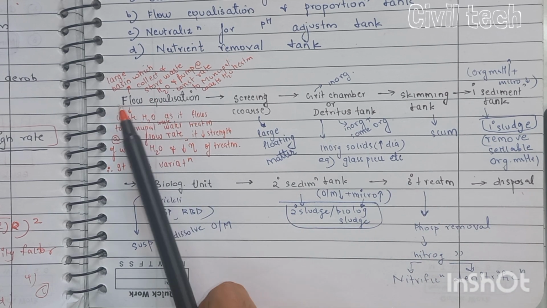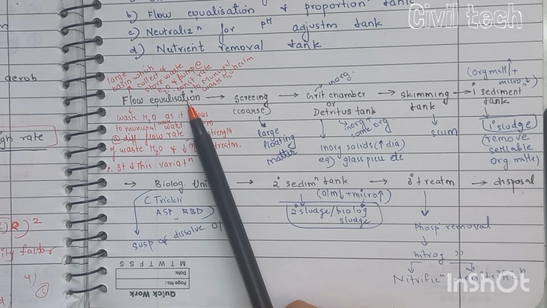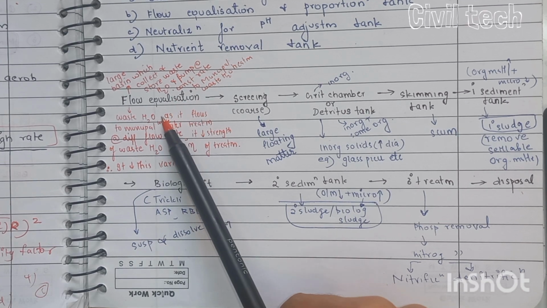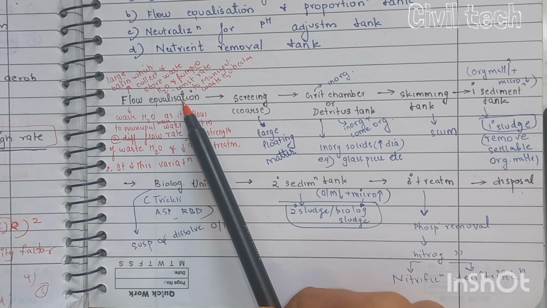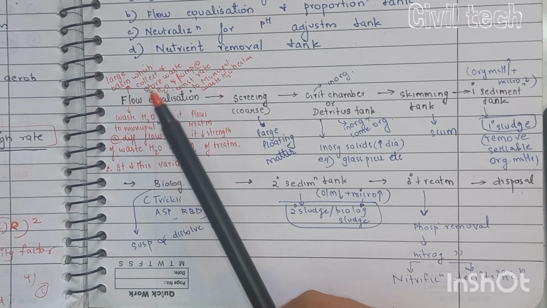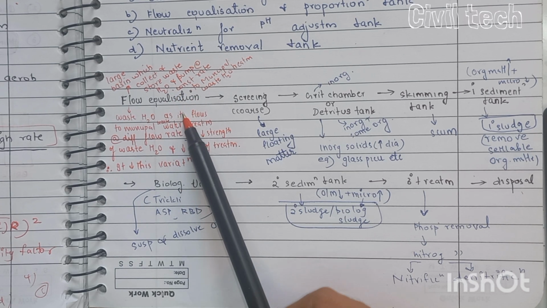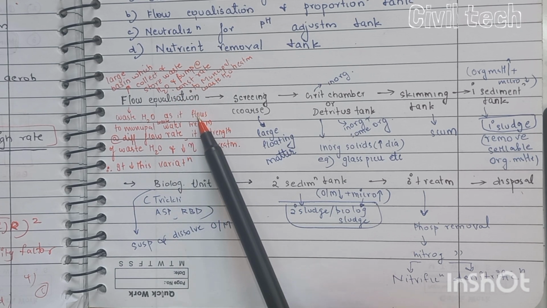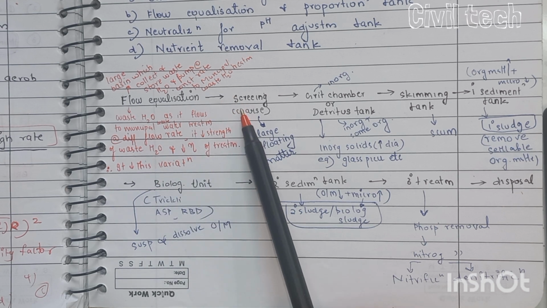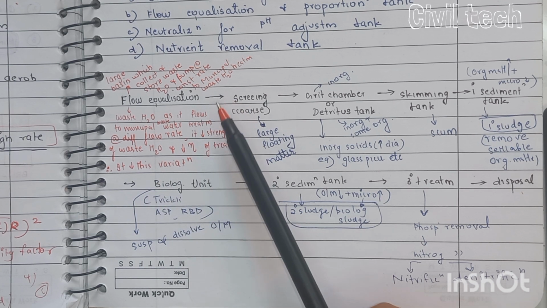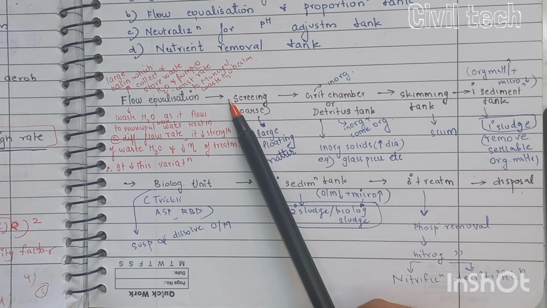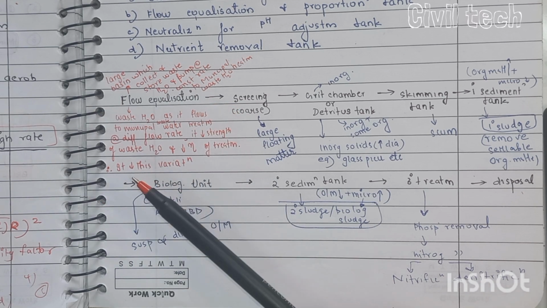So first, what is a flow equalization tank? When the wastewater goes towards the municipal wastewater treatment plant, actually the flow rates are different. When these flow rates are different, the strength of this wastewater decreases, and it decreases the efficiency of the treatment. So we have to reduce this variation.